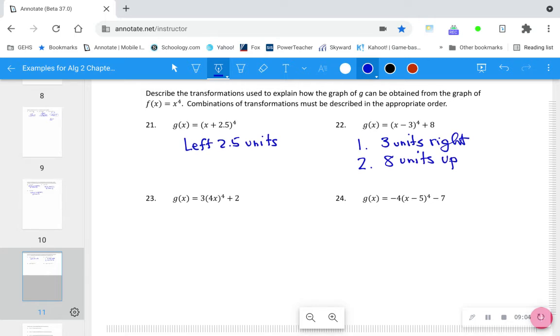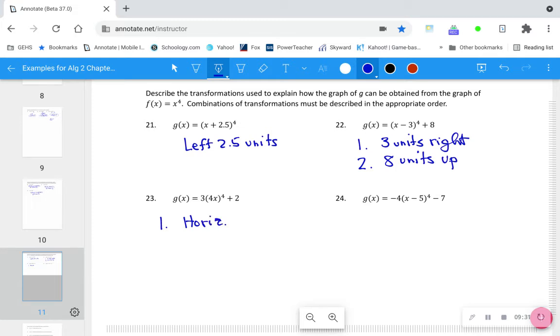Okay, so there's 3 transformations in the next one. We have a times 4 inside the parentheses. Then when you turn your attention outside the parentheses, you do multiplication next, and finally adding and subtracting. So we're just going to list these in order. The first thing is inside the parentheses times 4, horizontal because it's inside the parentheses.